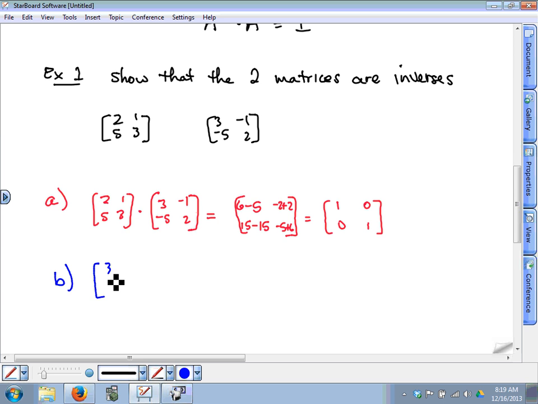We do have to verify it going the other way. 3, negative 5, negative 1, 2.